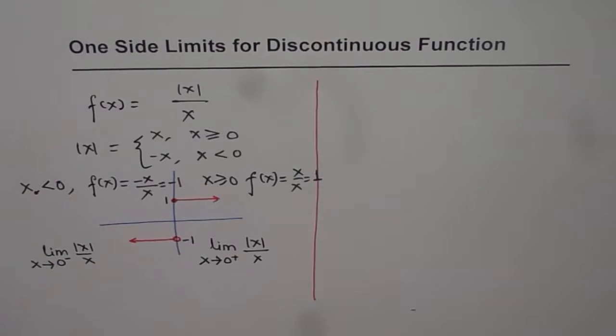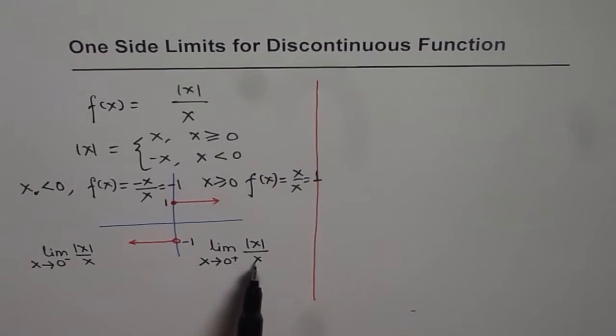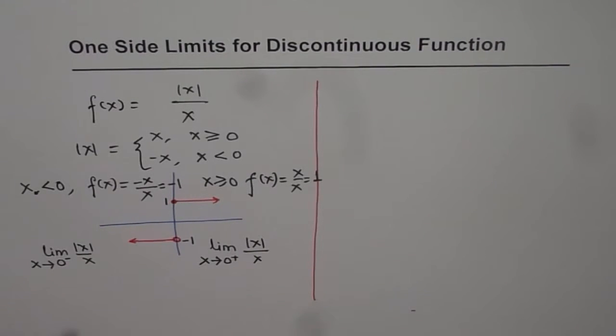Now can you answer this question? What is the limit of the function absolute x over x when x approaches 0 from the negative side, or the left side? And what is the limit of absolute x over x when x approaches 0 from the right side?